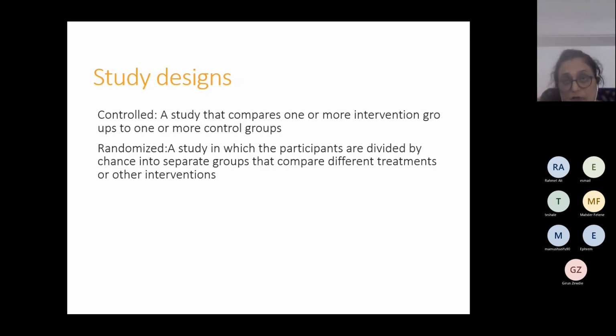So in uncontrolled, you don't compare it with any group, but in a controlled trial, you compare with one or more groups, right? Then you have a randomized study, a study in which the participants are divided by chance into separate groups that compare different treatments or other interventions.